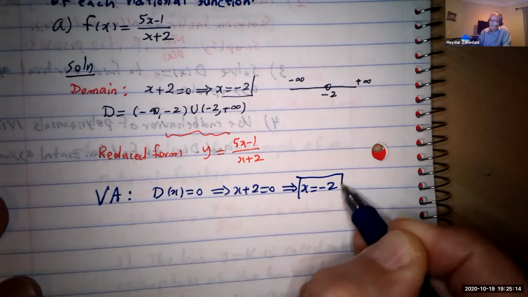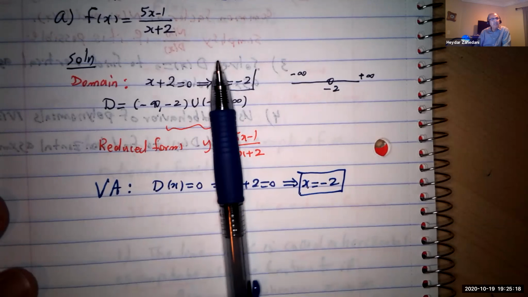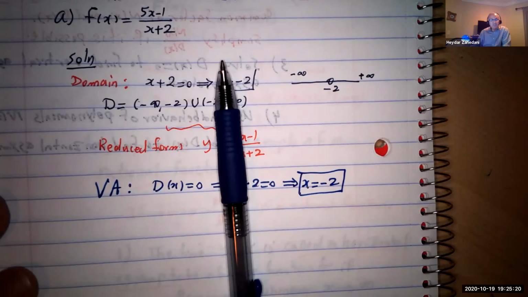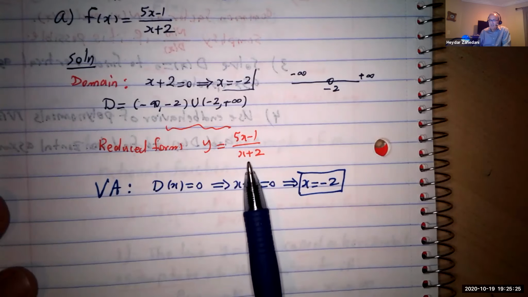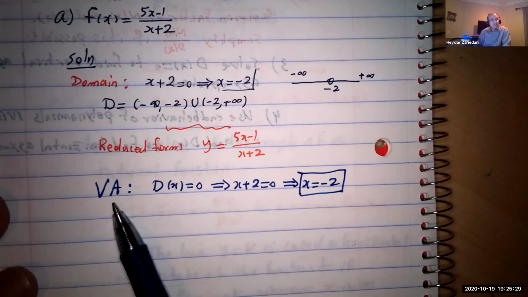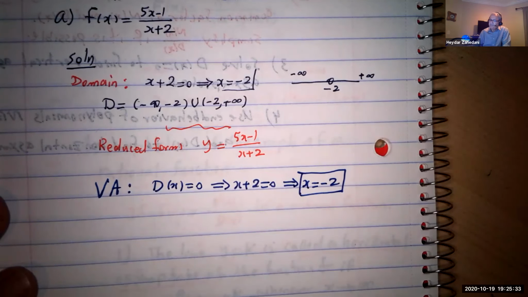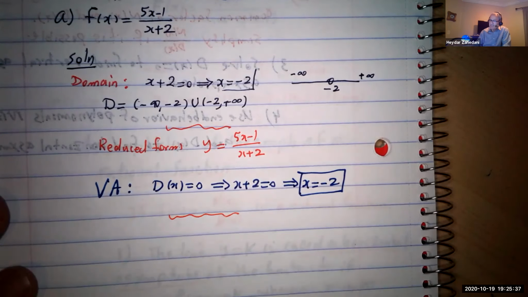This is the vertical asymptote. It's a vertical line that gets closer and closer to the function. The denominator would be 0 and y goes to infinity. That's why we call it a vertical asymptote. Any question? The other way around, horizontal asymptote.